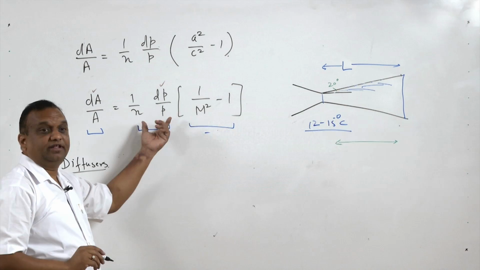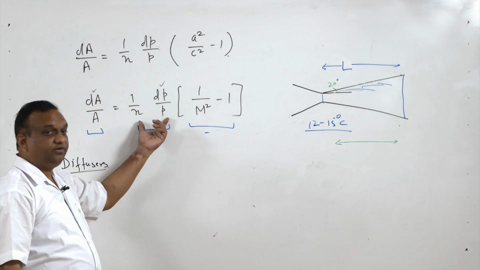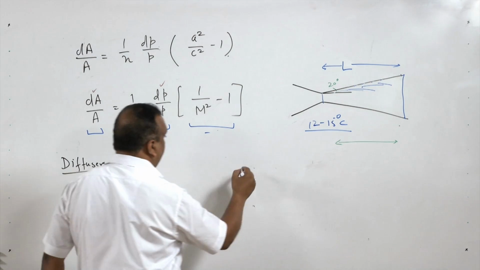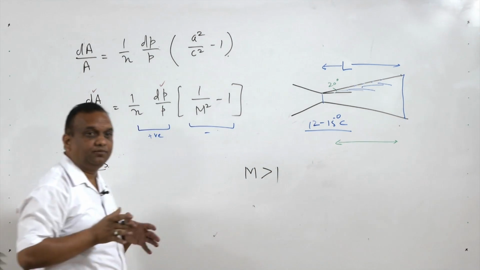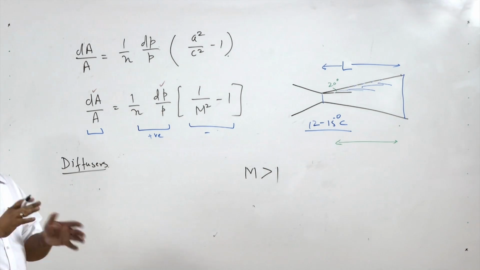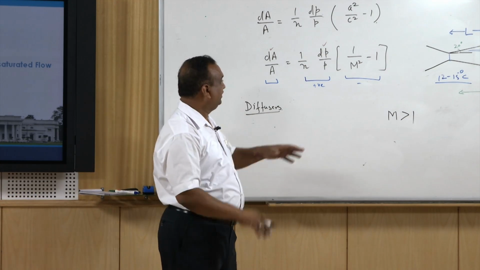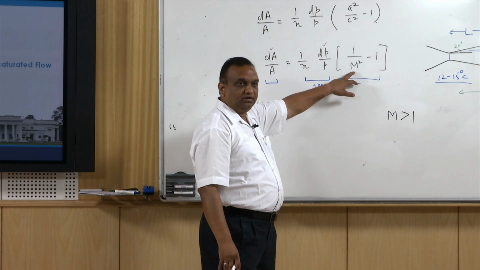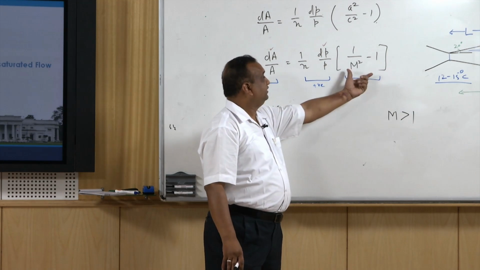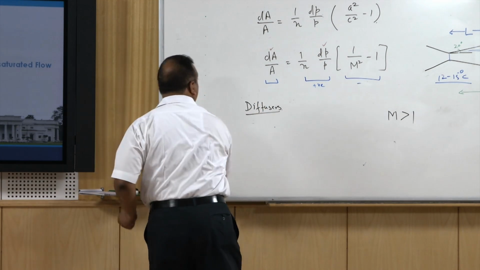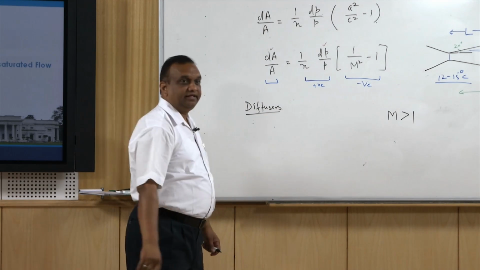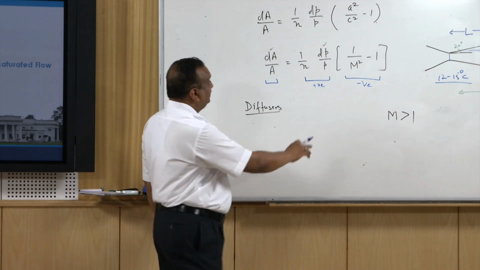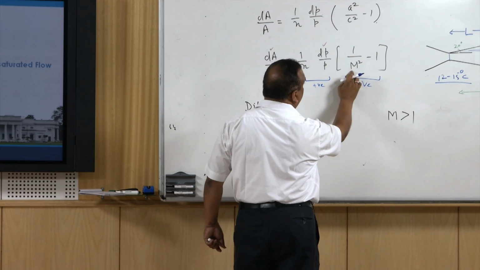In the diffuser, there is a pressure rise, so dP is positive. For M greater than 1, the entry is supersonic in the diffuser; it is the reverse of the nozzle. When M is greater than 1, this is negative.